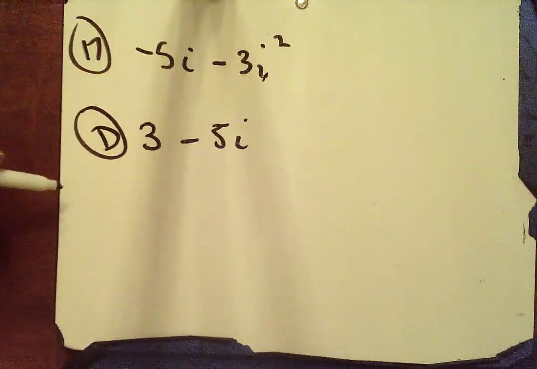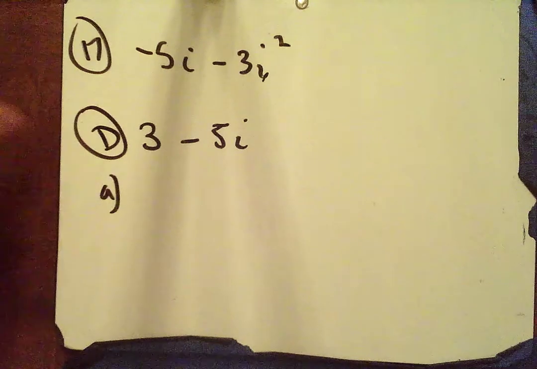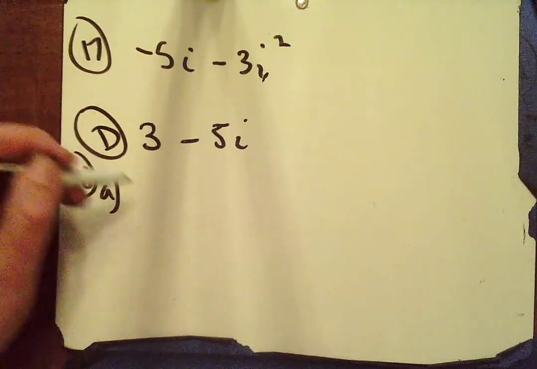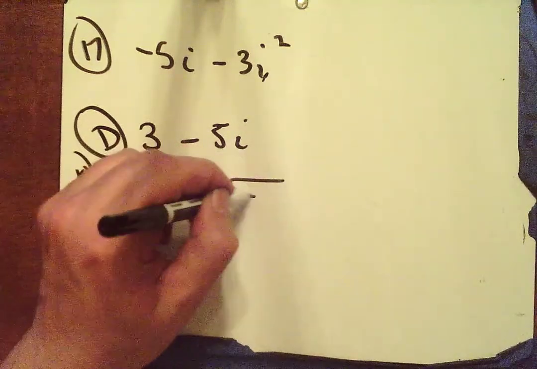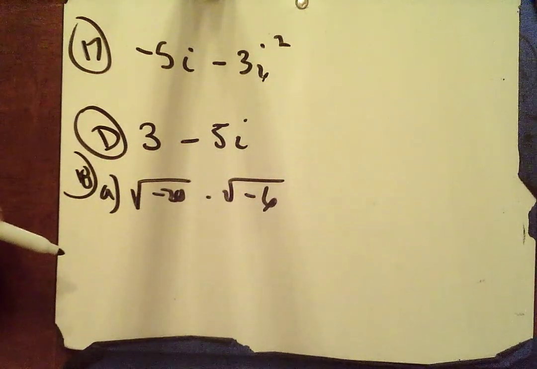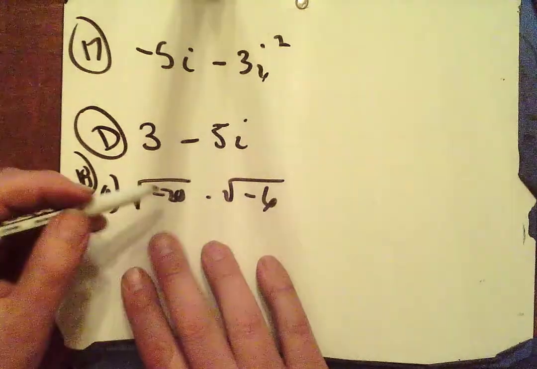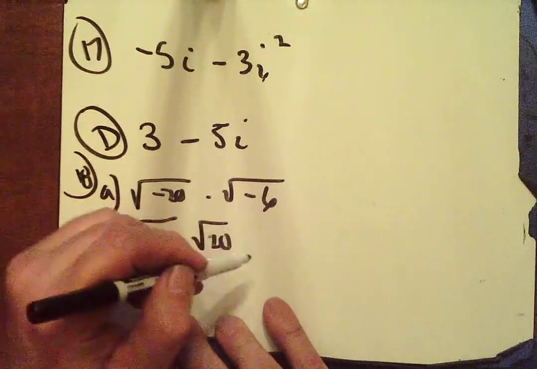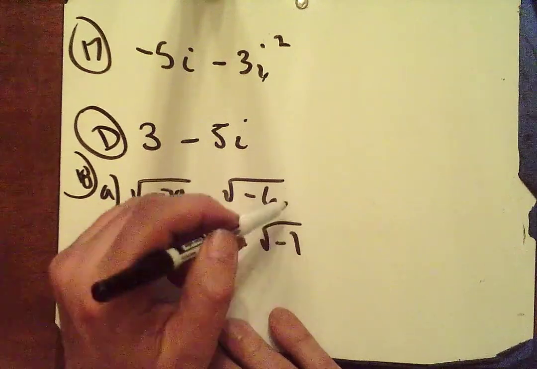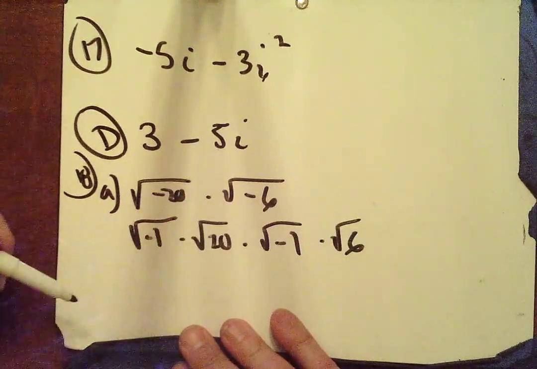Ooh, simplify each. So for part A here, in number 18, we see square root of negative 20 times square root of negative 6. So I want to do square root of negative 1 times square root of 20 times square root of negative 1 times square root of 6.